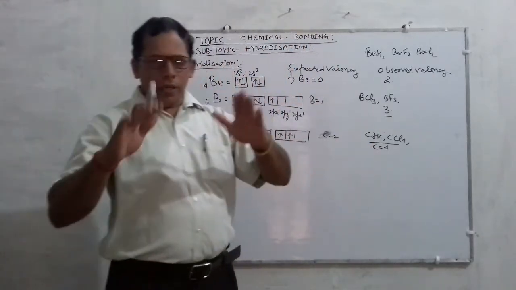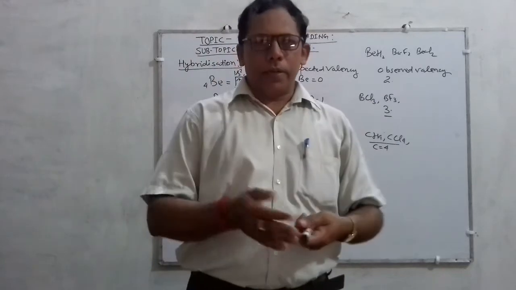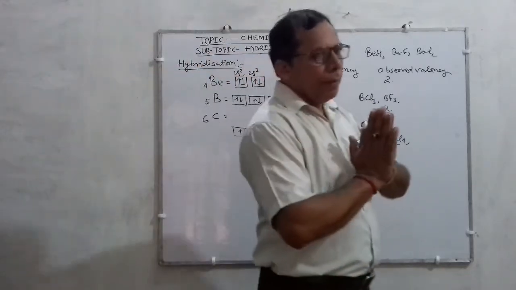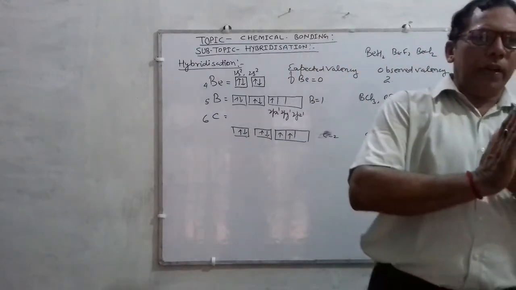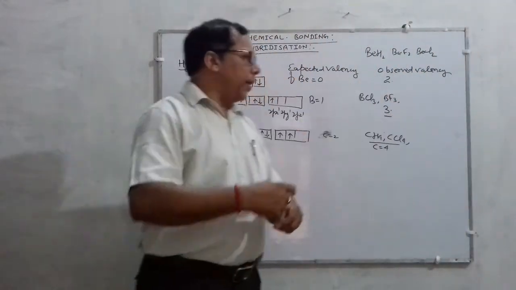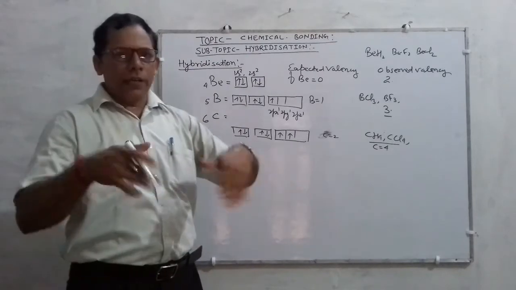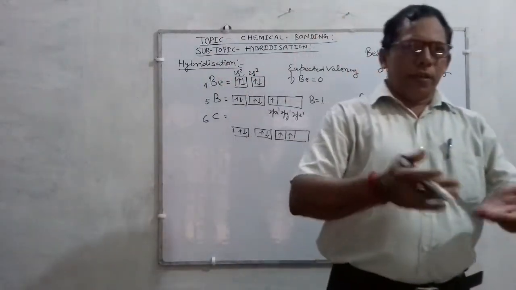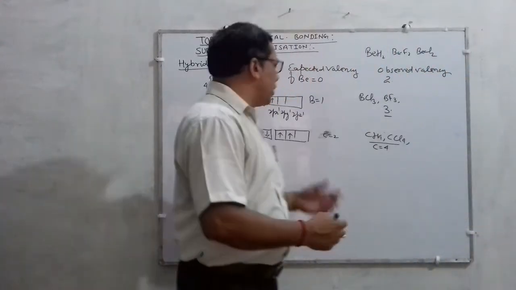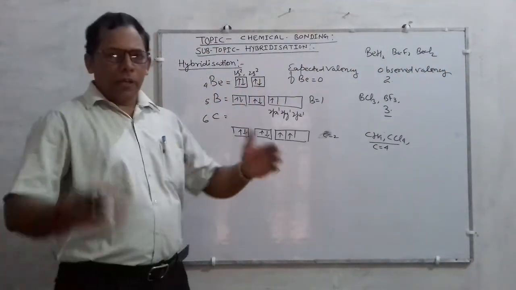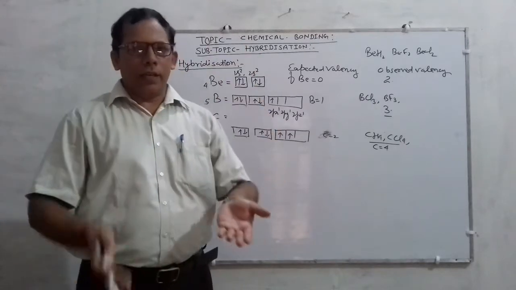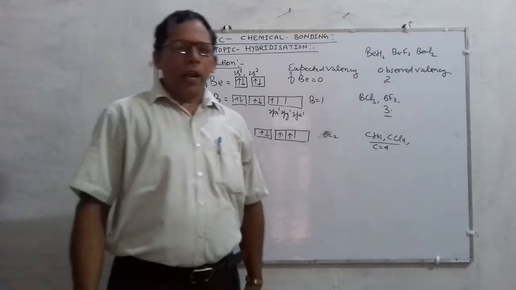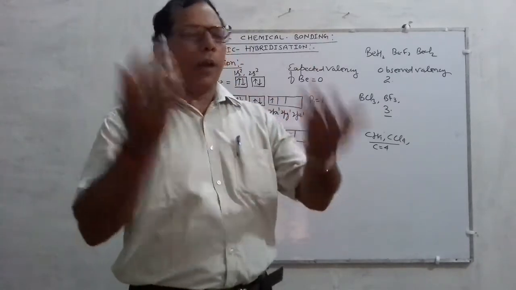Hybridization is the intermixing of orbitals, not of electrons, in which mixing of orbitals as well as redistribution of energy takes place, resulting in the formation of new orbitals having almost equivalent energy. Those orbitals are called hybrid orbitals, and the phenomenon is called hybridization.